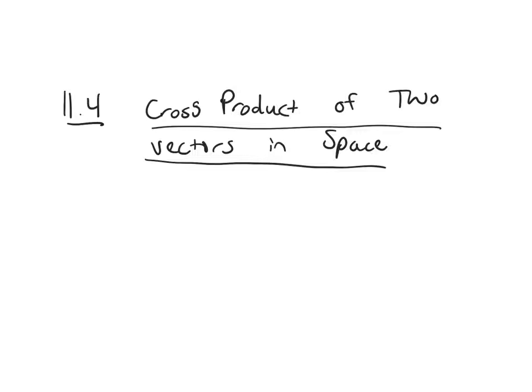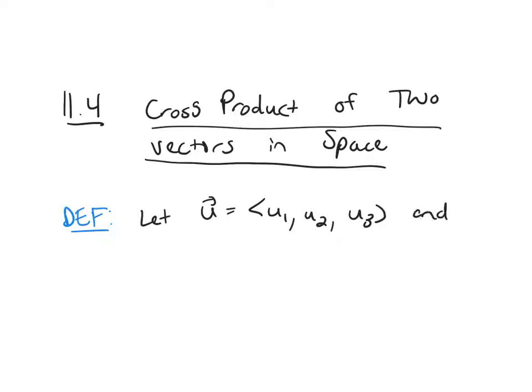So let me start by defining what the cross product is. I need two vectors. Let's say u is the vector u1, u2, u3, and the vector v is v1, v2, v3.